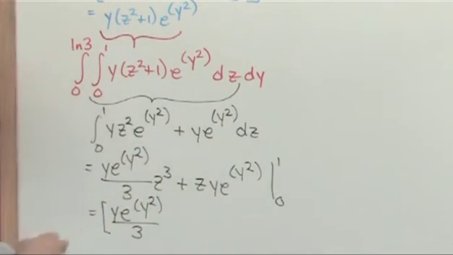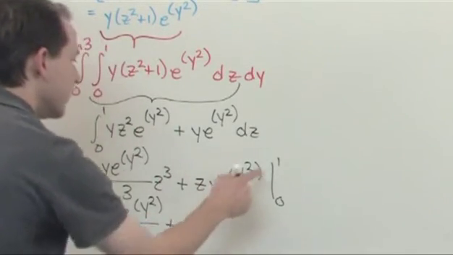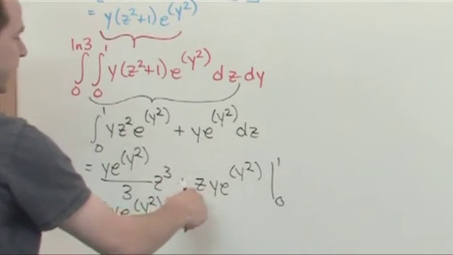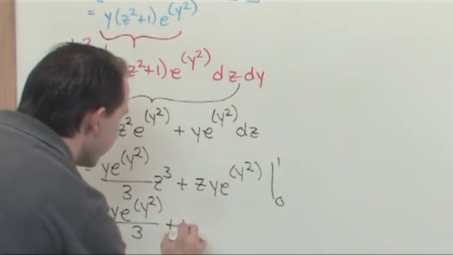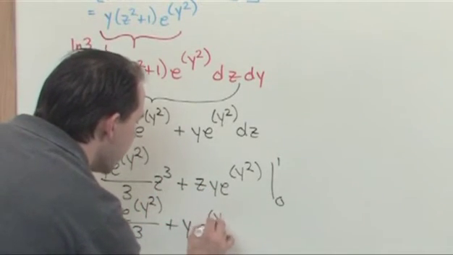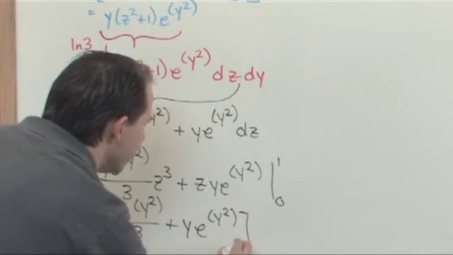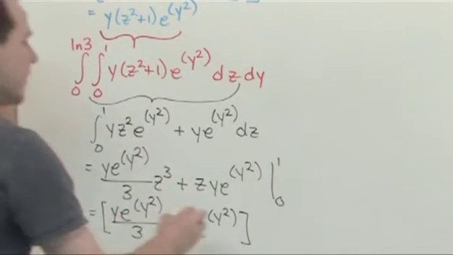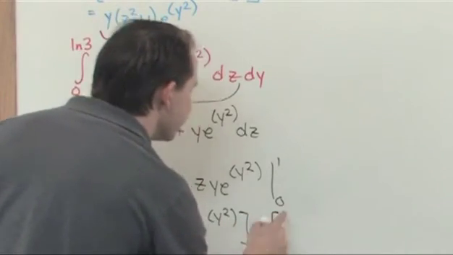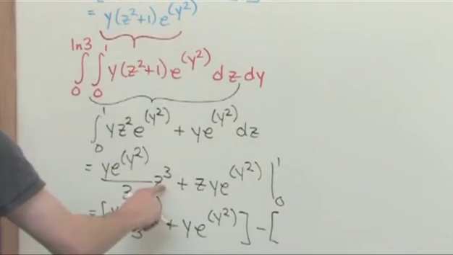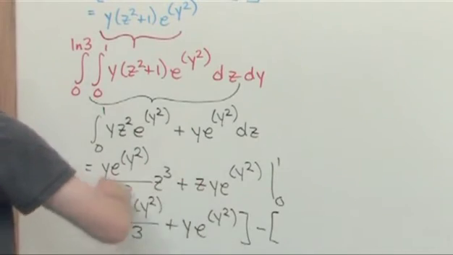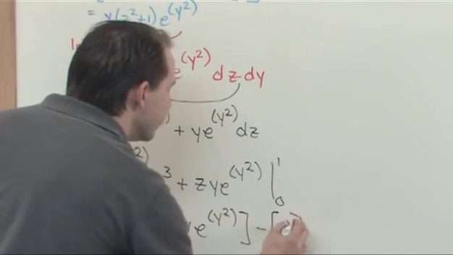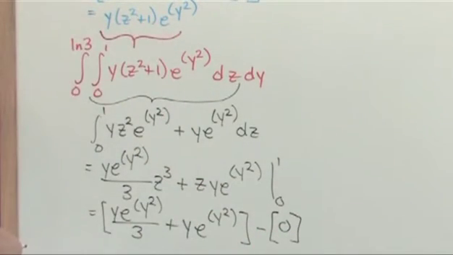This is going to give you 1, so this is times 1, I'm not going to really write anything down, plus plugging 1 into z here, it's just going to be 1, so you'll have y e to the y squared here. So I've taken 1 and I've plugged it into here and here, and I've got this, and I'm going to subtract off the bottom limit of integration, which is 0. If I plug in 0 here and 0 here, you see the whole entire thing goes to 0. So this is a big fat 0 here, okay?